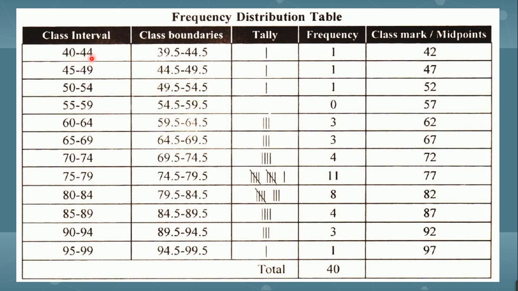So next class will be 45 to 49 and 50 to 54, 55 to 59, 60 to 64 and 65 to 69, 70 to 74, 75 to 79, 80 to 84, 85 to 89, 90 to 94 and 95 to 99.